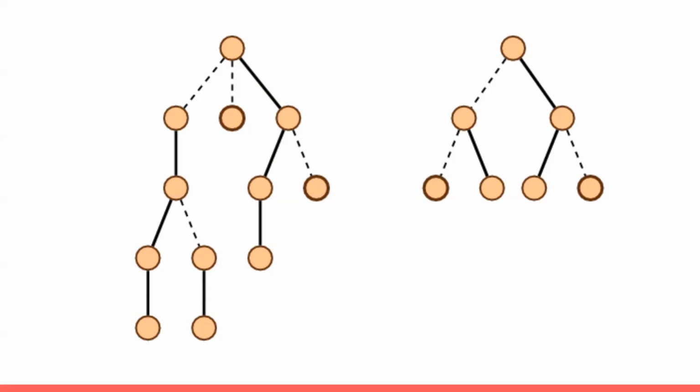And then after we build that, it's going to be static. We don't change it in the queries. But here in the link-cut tree, we are going to have heavy and light edges as well, but they will be dynamic. We will change them depending on our queries.